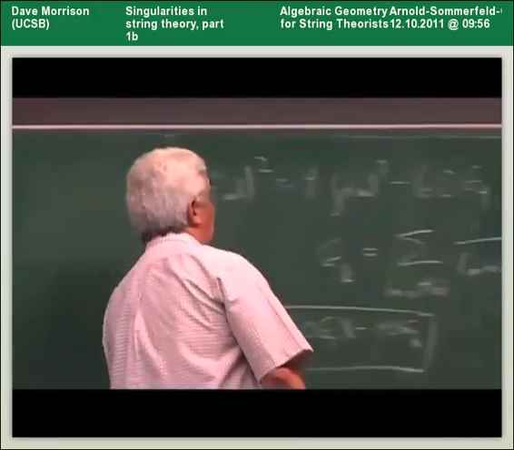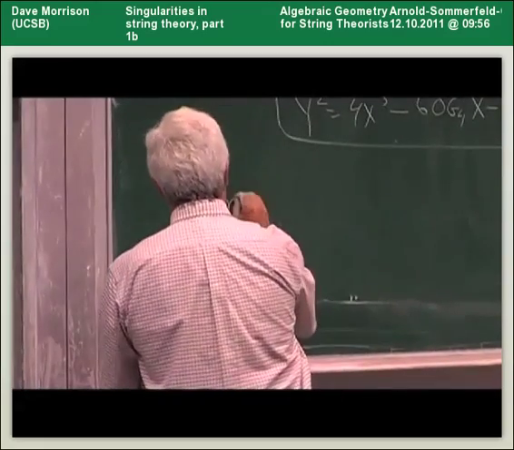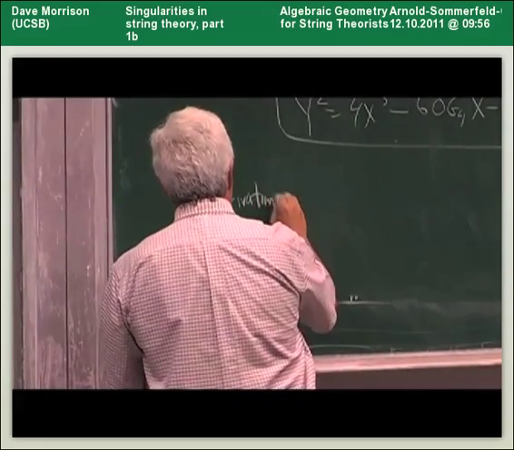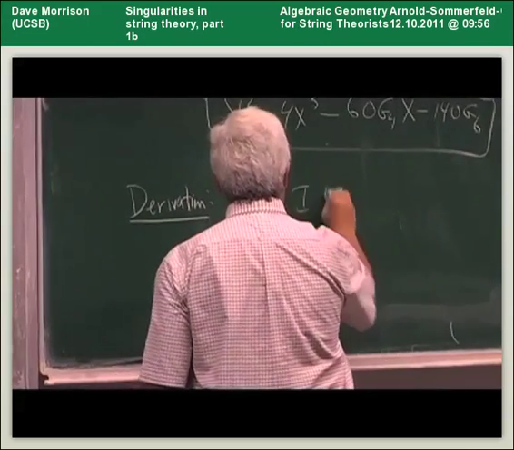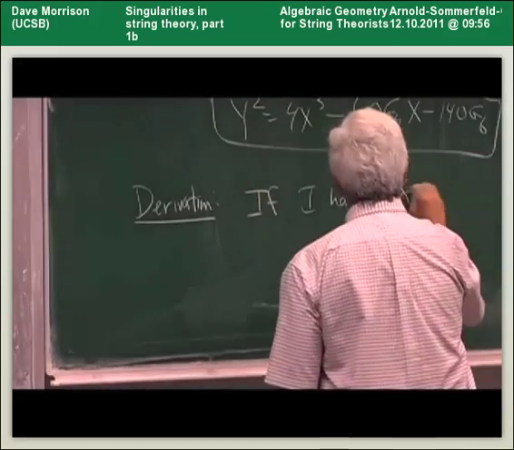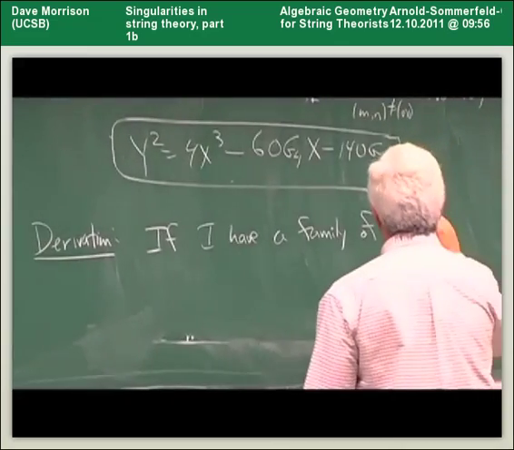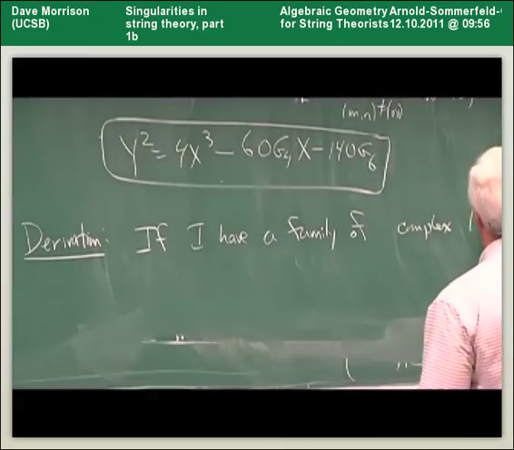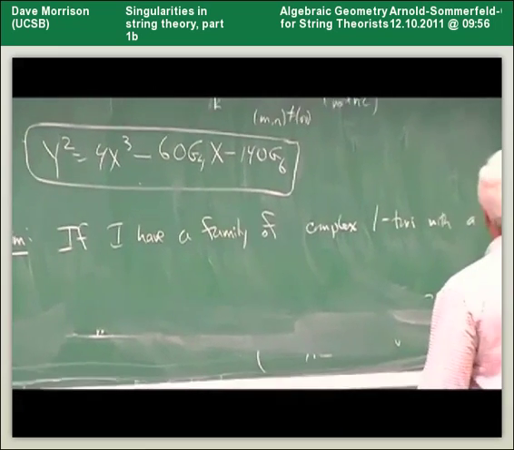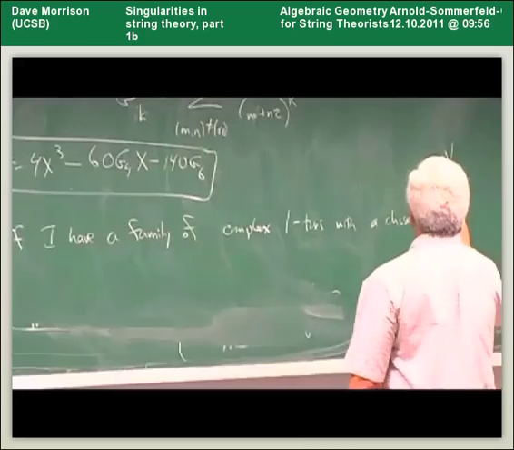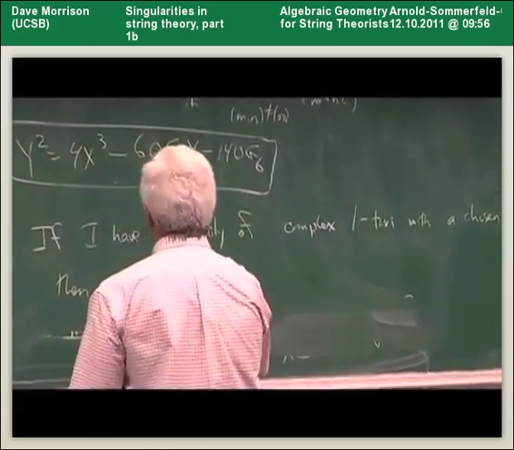Okay, so I was going to go through a derivation, which I don't have time to do today, but the derivation says if I have a family of complex one tori, this is what these are, with a chosen point, then the family can be put into this form.